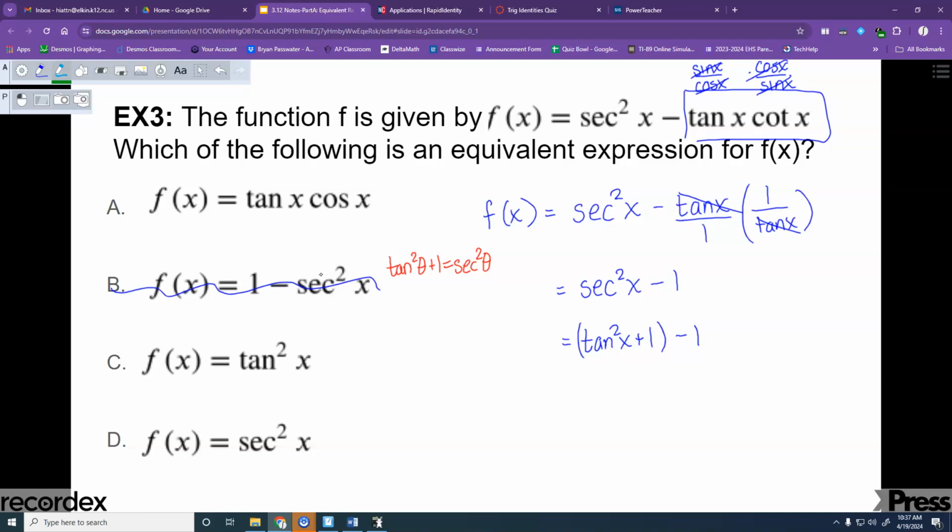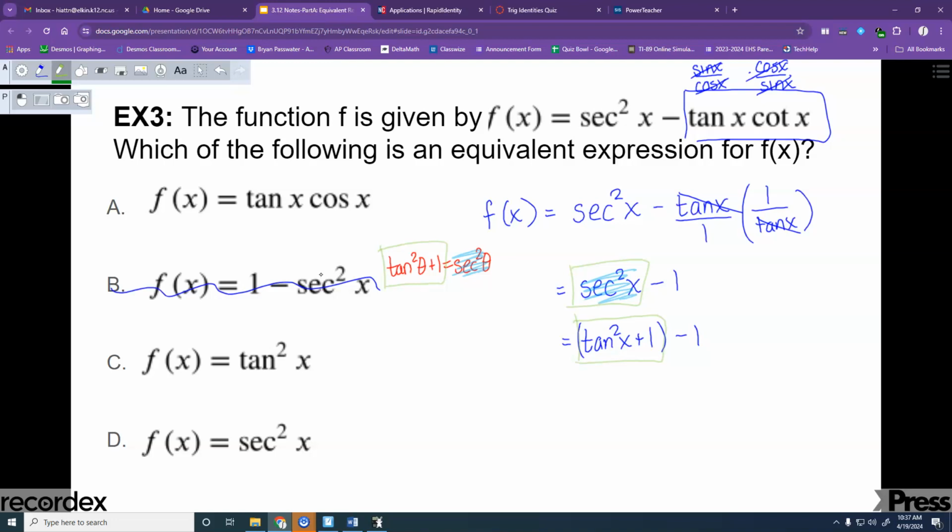So the Pythagorean identity is like a fact. It's true. So that means that we can replace things with this. So if we see secant squared x, like we've got right here, then secant squared x is equal to tangent squared x plus 1. So we can take out the secant squared and put tangent squared x plus 1 instead.